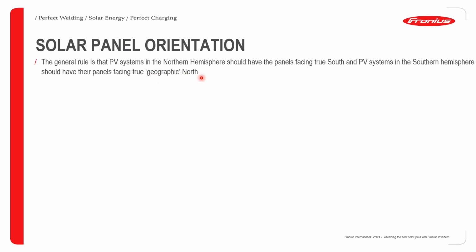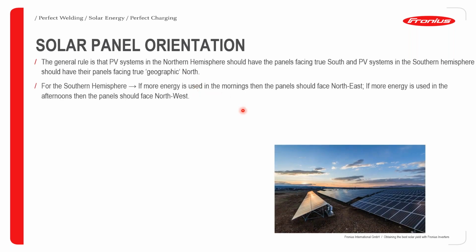So in this case, I am actually referring to the geographic north. Good. So for the Southern Hemisphere, for example, if more energy is used in the mornings, then the panels should be facing northeast. If more energy is used in the afternoons, then the panels should face northwest.